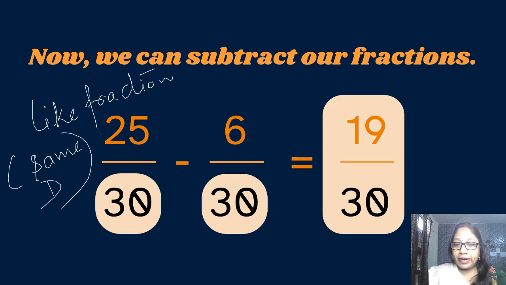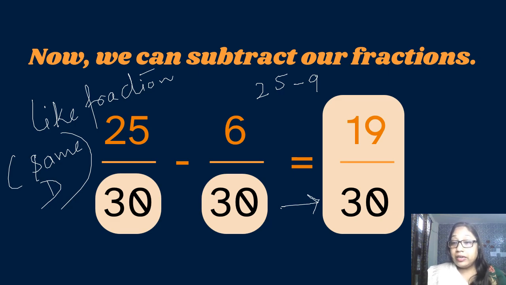We will write the denominator once, 30. So, it is only one time. Now, 25 minus 6 will give you 19. After subtracting 25 upon 30 minus 6 upon 30, we have 19 upon 30. So this is the final answer of the subtraction.